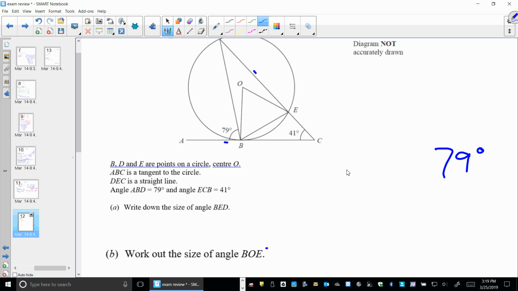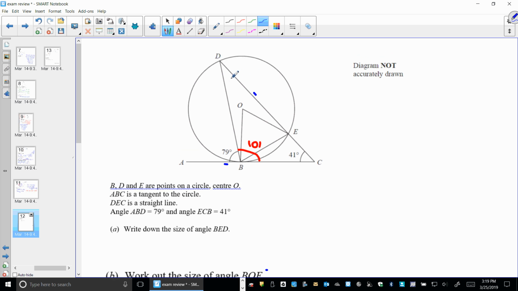You could look at the big triangle, remember? So this is 79, and this is 79. No, you were going right to start with. You were doing well, telling me that this was 101. But remember, you can think about this big triangle here. Oh yeah, that's what I did.